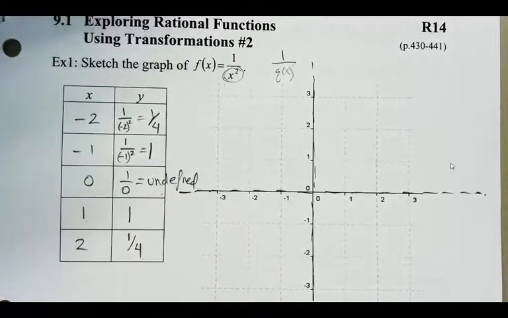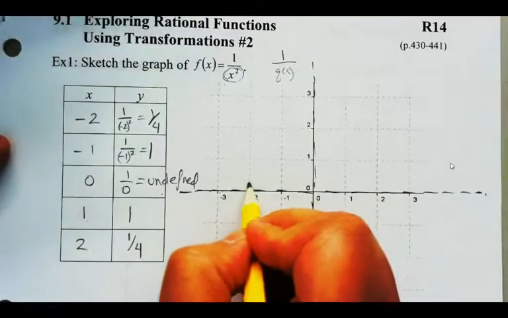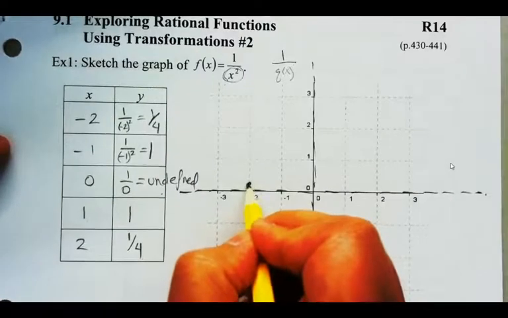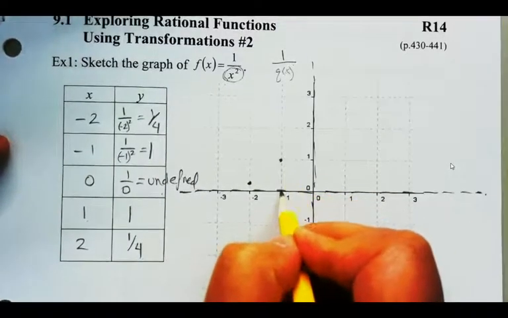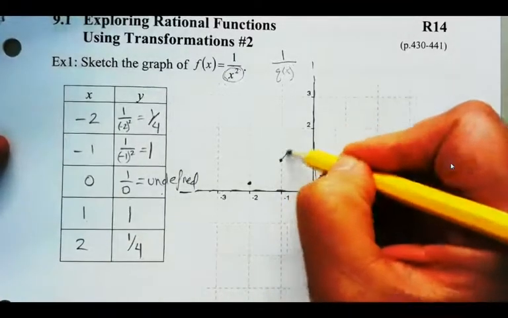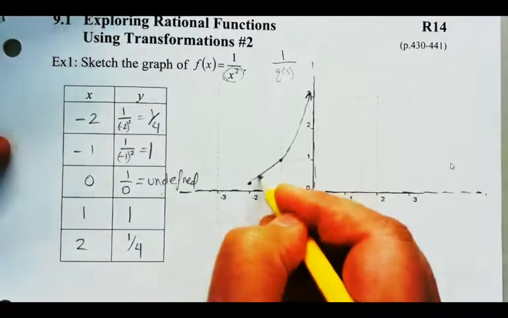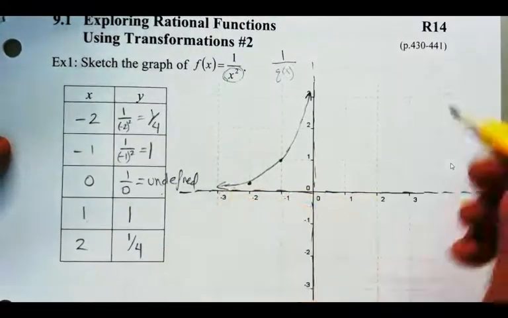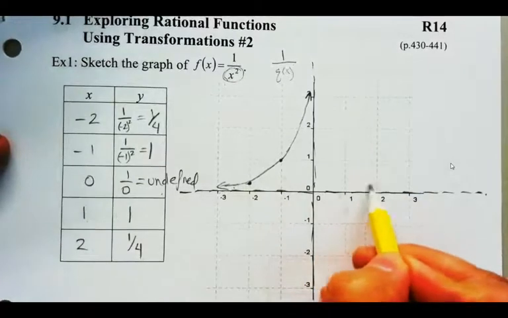So we'll just simply plot these points here. At x equals negative 2, this is going to be at 1/4. At negative 1, this is at 1. And then this follows the pattern of it getting closer and closer to the asymptote on either side. And on this side, these points are just a mirror image.